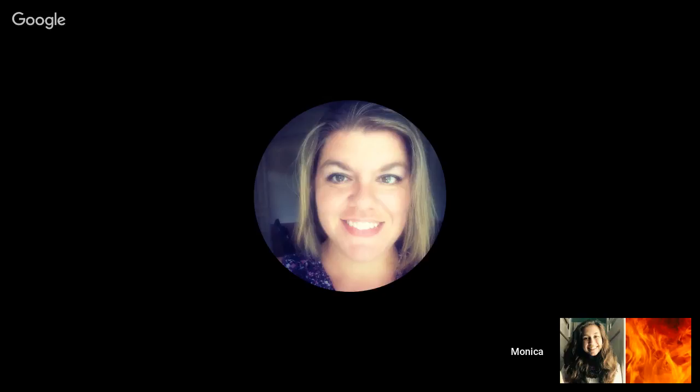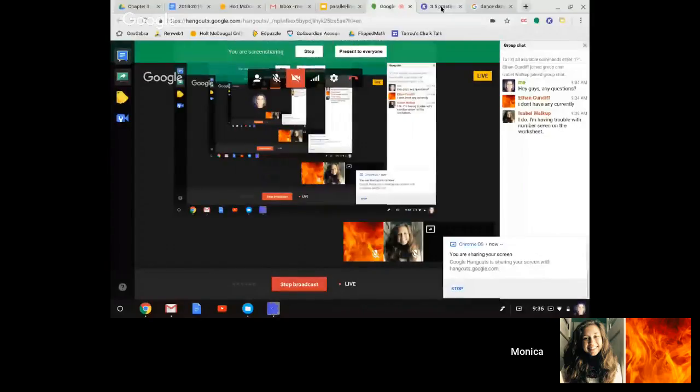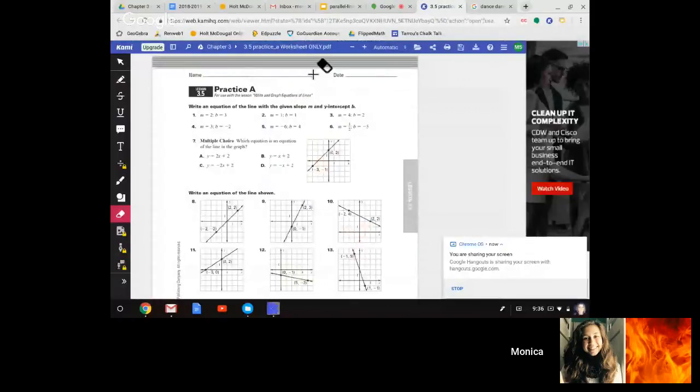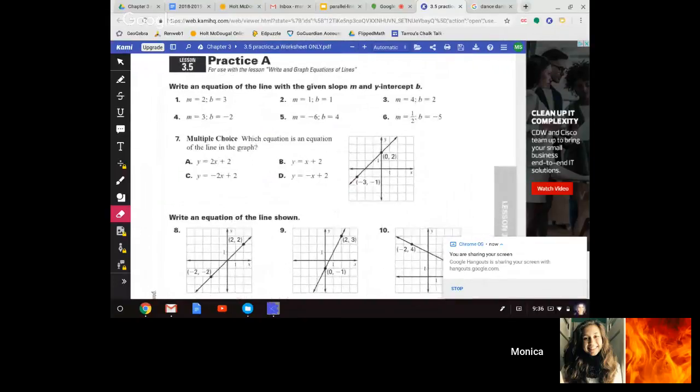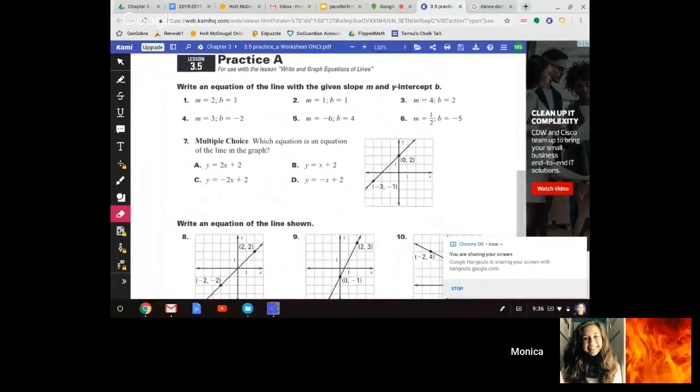Okay, Isabel, for number 7 on the worksheet, let me pull up the screen. Number 7 says, which equation is an equation of the line in the graph? So you know that your equation needs to be in the form y equals mx plus b.